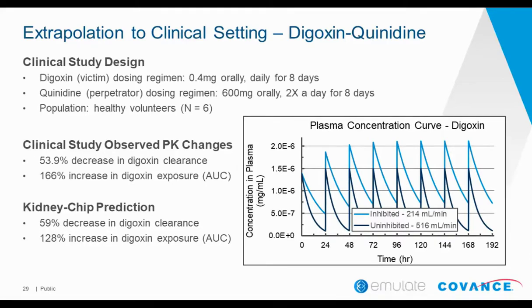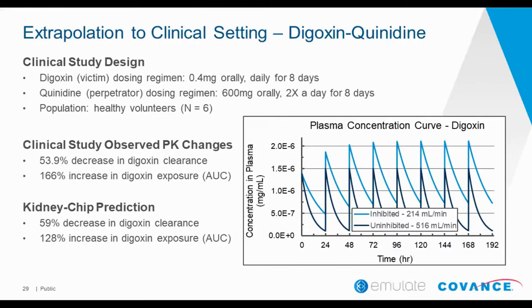This in and of itself translated very well to what we would expect to see in terms of the change in AUC as predicted. So with digoxin, given the clearance and the half-life of the compound, we do see in a normal setting complete clearance within a 24-hour period.